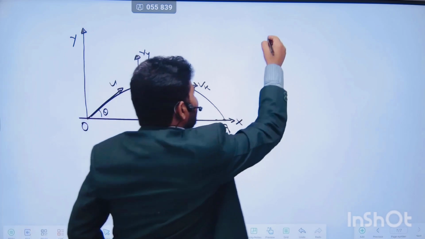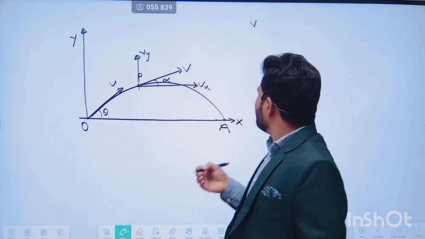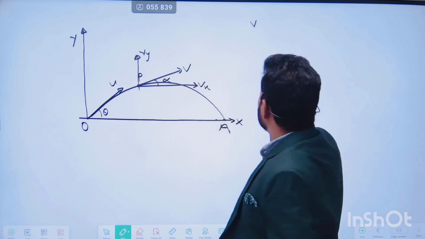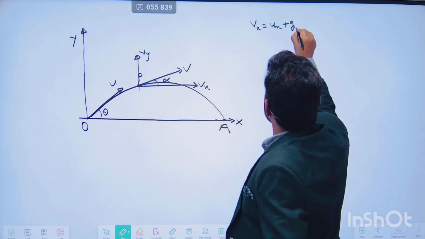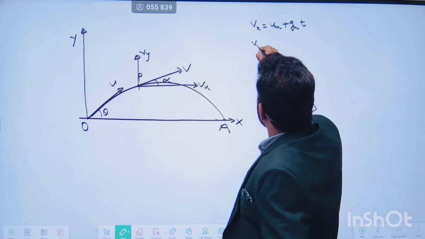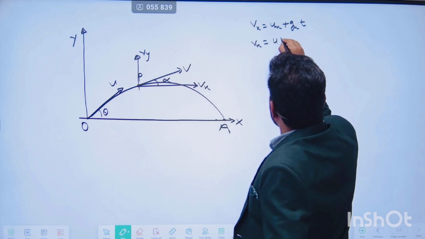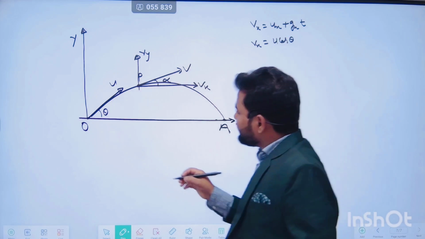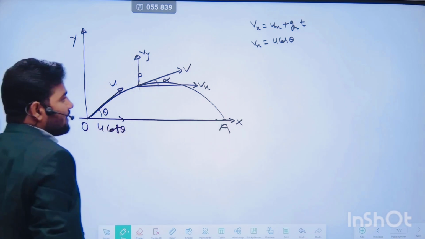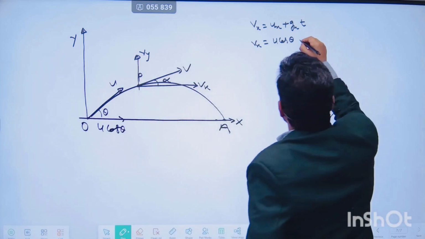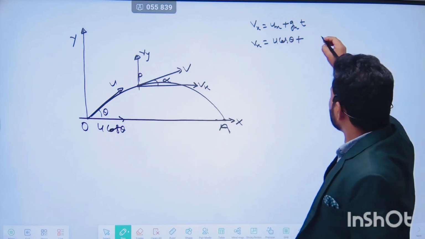We know very well here, if we are considering horizontal motion, then Vx is equal to Ux plus Gx into t. Here Vx is at any general time, and Ux is always u cos theta, the horizontal component. So Vx is equal to u cos theta plus Gx.